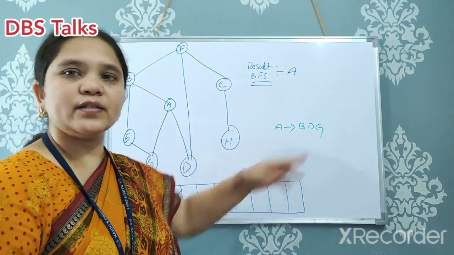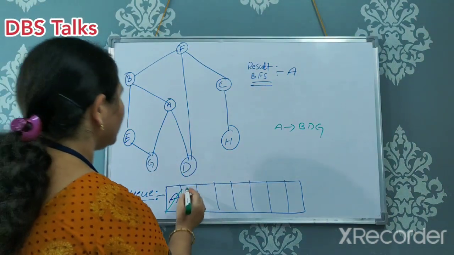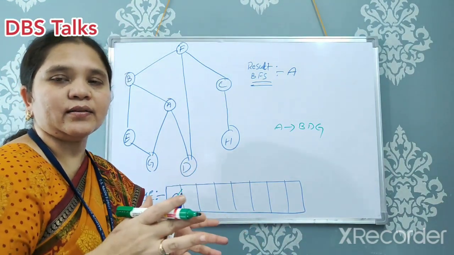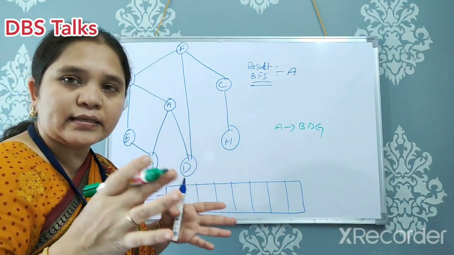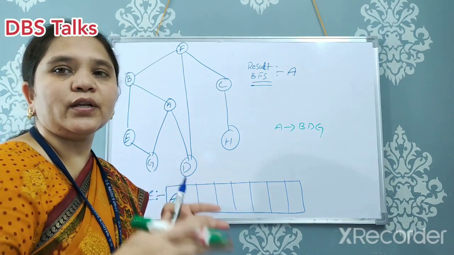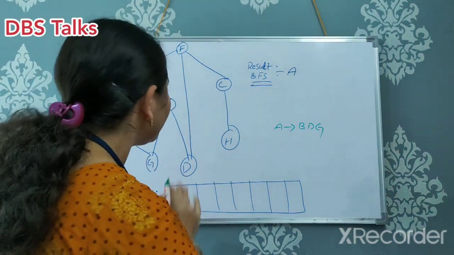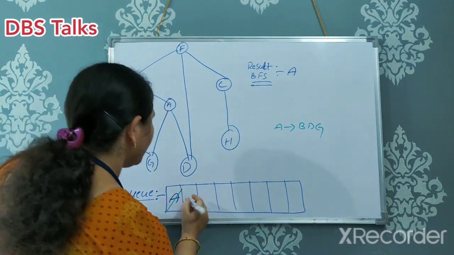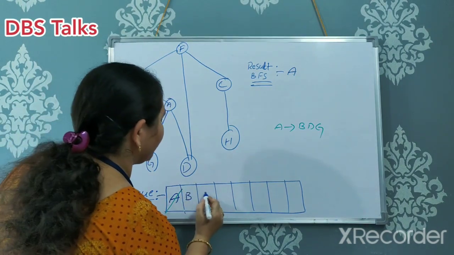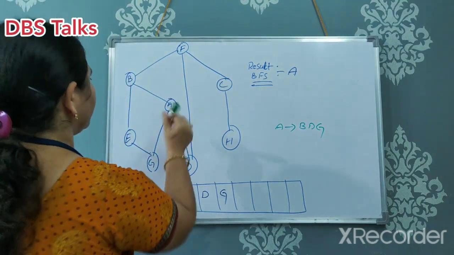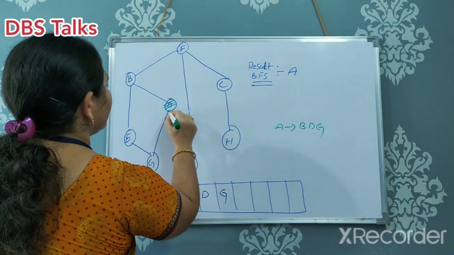All are unvisited, so we need to insert, or enqueue, all adjacent unvisited vertices into Q: B, D, G. Now A is already visited.